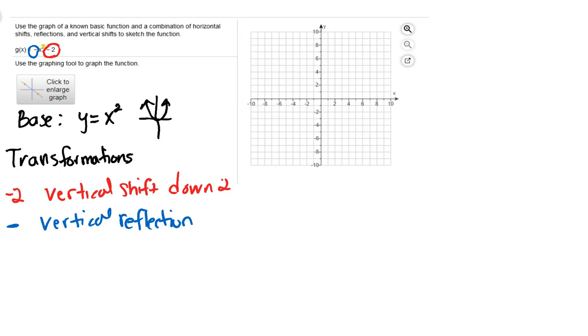So because that negative is outside of the squared, it is a vertical reflection versus a horizontal reflection. So let me show you the difference. So we have -x squared, which is a vertical reflection. If you had (-x) squared like this, it would be horizontal. So this one is vertical, and this one is horizontal.